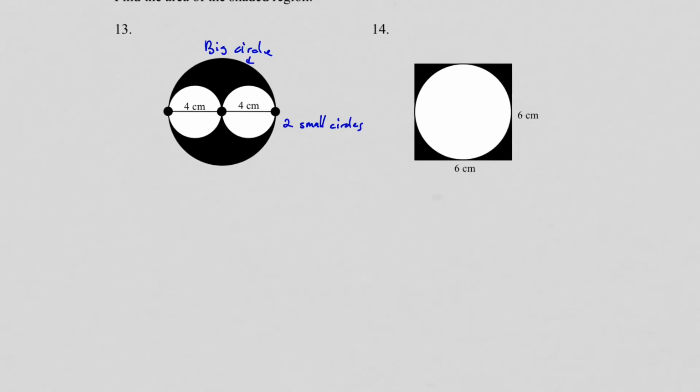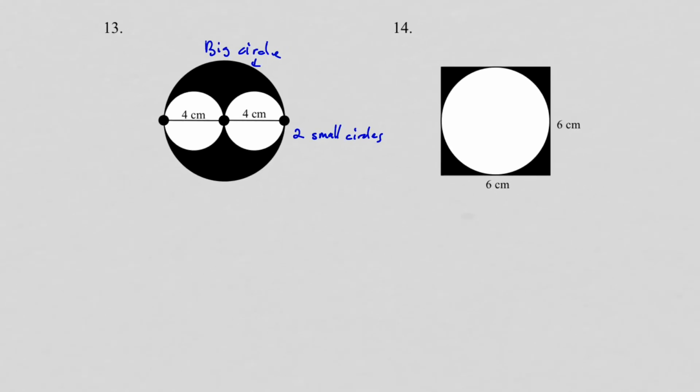Now, the black region that's shaded there, basically, we get the area of the big circle and subtract the two small circles, so we can just do one small circle and then multiply by 2.